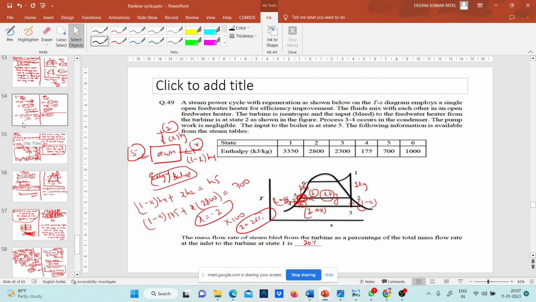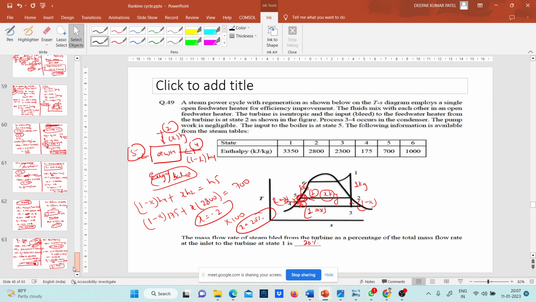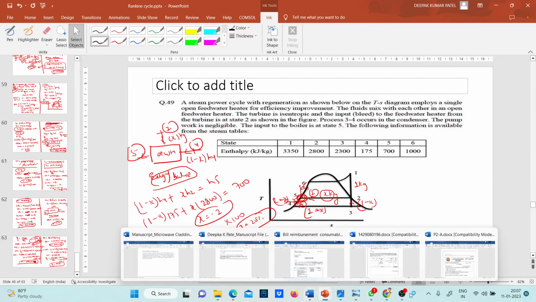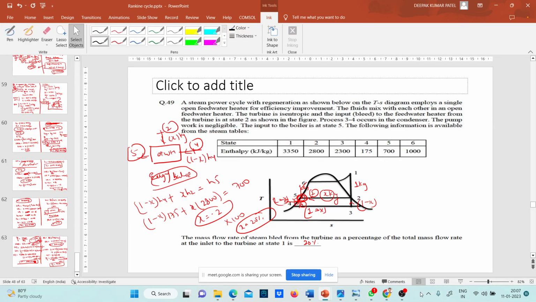Anyhow, we'll consider that also, because 12 weeks will be there, and 8 weeks are completed, so 4 weeks are remaining. We'll see what we can do. Problems on air standard cycles, you want that? Yes, sir.